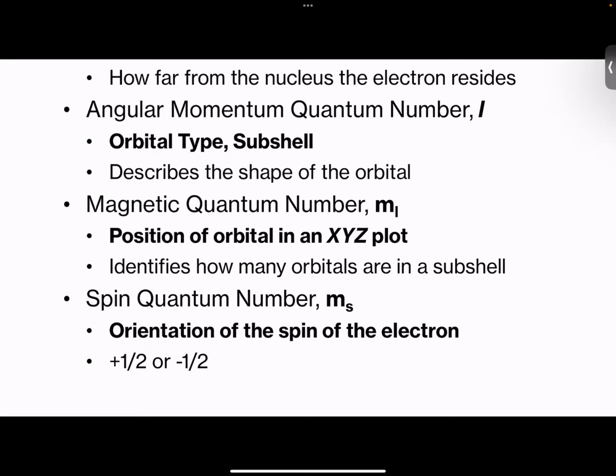We find ourselves in need of a fourth quantum number in order to maintain the Pauli exclusion principle. The fourth quantum number is referred to as the spin quantum number and is represented as a lowercase m sub s.